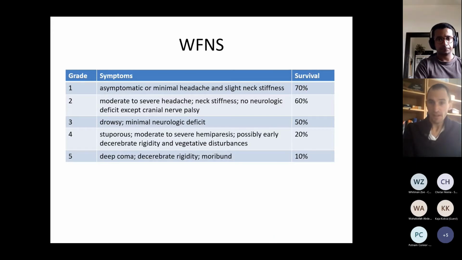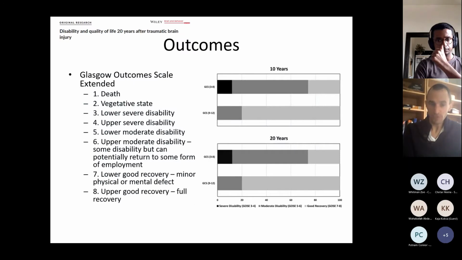But some of the scales are relatively crude. So the GCS is a 15-point scale, mild, moderate, severe, and you've got 7 or 8 point scales, and some of the other things. A lot of the evidence and research looking into longer term outcomes for traumatic brain injury looks at disability at a much more granular level.